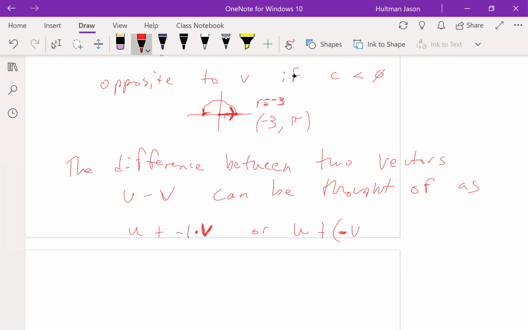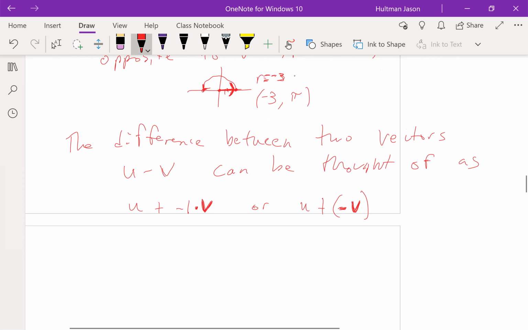It's just going to go in the opposite direction, right? We have vector u and vector v, but if we want the difference, then it would just be u minus v.